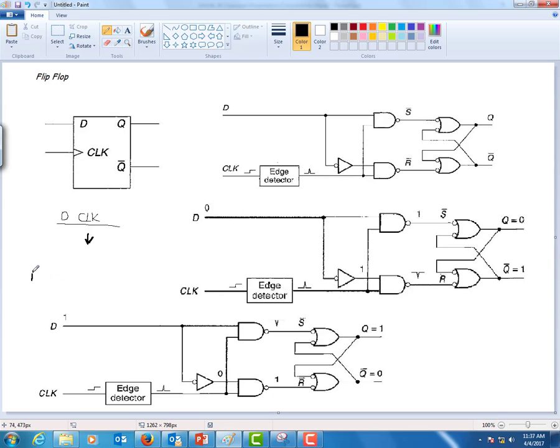If it's rising, excuse my handwriting please, but the rising edge, if you have an arrow like that, that means it's starting low and it's going high, and sometimes you're going to see a little arrow right there. That means the rising edge.